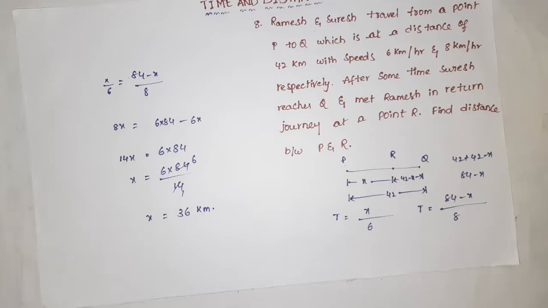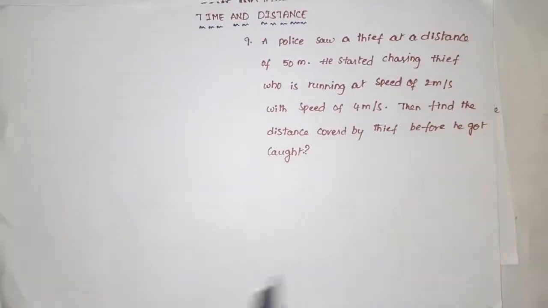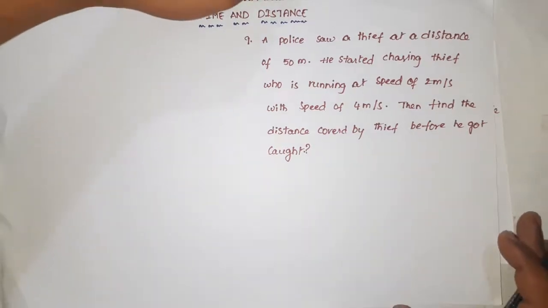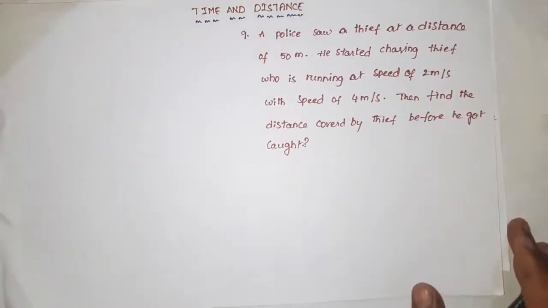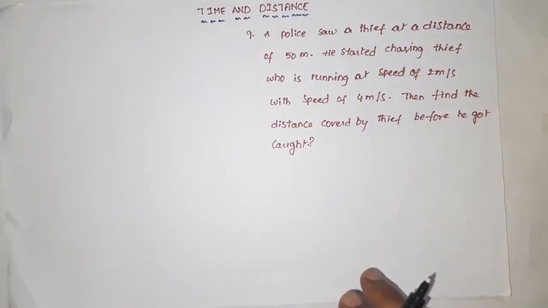This is also a similar kind of question, and it is also a previous year question. The question is: a police officer saw a thief at a distance of 50 meters and started chasing the thief, who is running at a speed of 2 meters per second, with a speed of 4 meters per second.